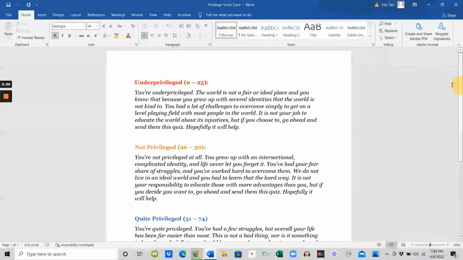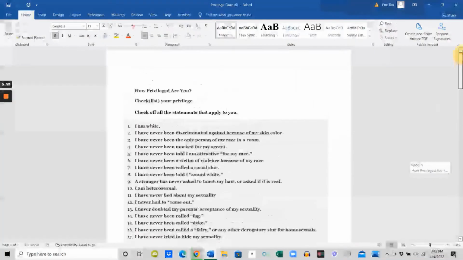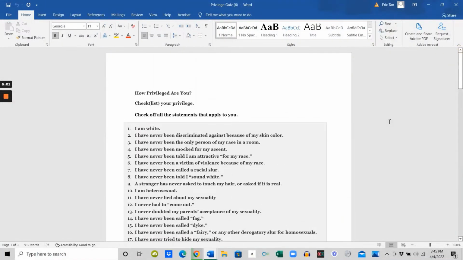Now, why I find this particular exercise useful, especially in an opening and icebreaker class, is because in our current culture, as I alluded to earlier, we've gotten so connected to the idea that if you are white, you are automatically privileged. And we've obviously come to find out that being white does have certain privileges, but it's not the only privilege that exists out there.